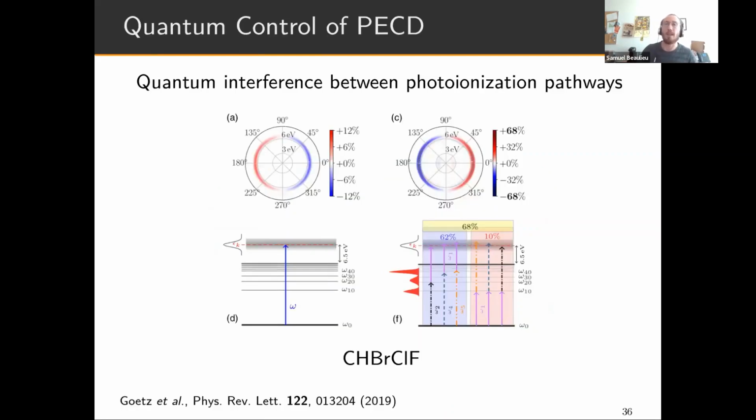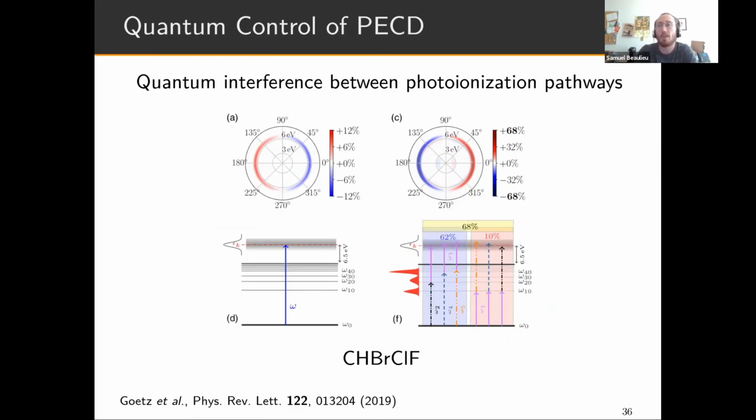And one of the potential outcomes of multiphoton PECD is the fact that you can use a coherent control scheme to maximize this chiral asymmetry in photoionization using interferences of multiple quantum pathways.